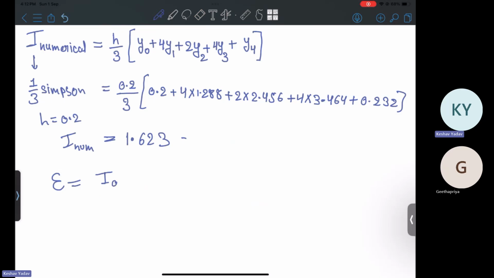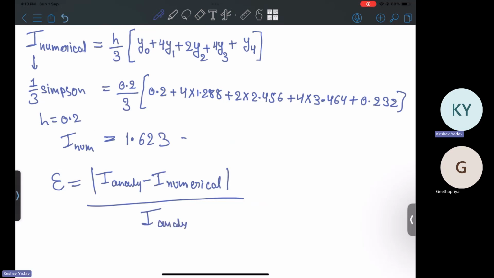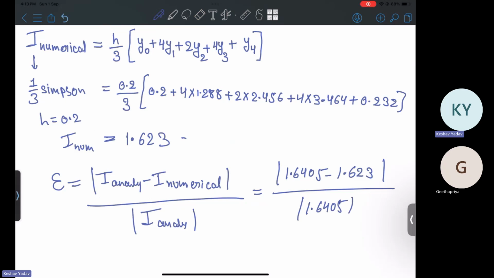So the error will be the modulus of I analytical minus I numerical, divided by the modulus of I analytical. So what is my I analytical value? 1.6405 minus numerical 1.623, divided by modulus of 1.6405.